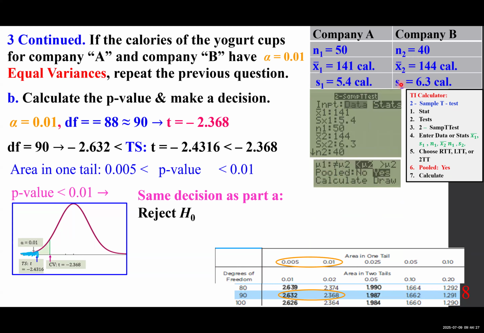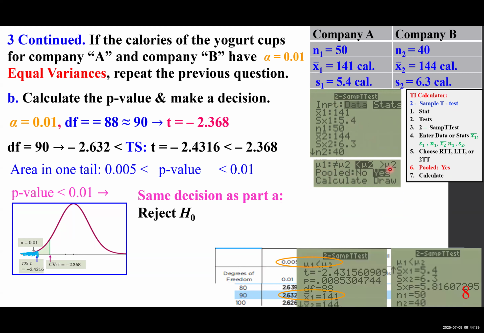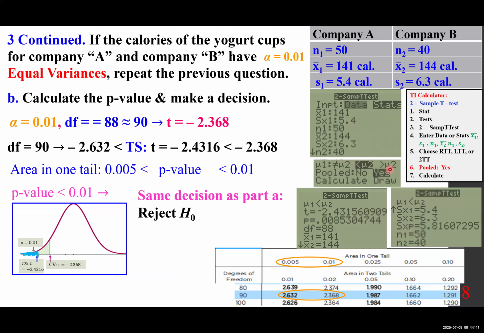So you put the information in, X1 bar, S1, so on and so forth. And over here where it says pooled, you say yes. You calculate. This is the information it gives you. So take a look at what is important to us.